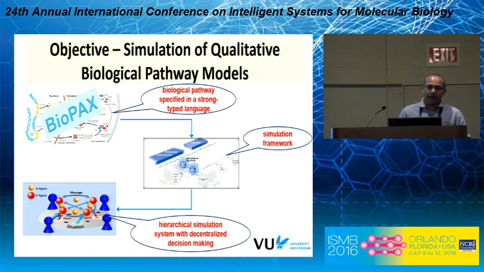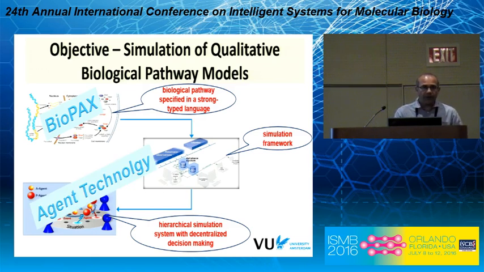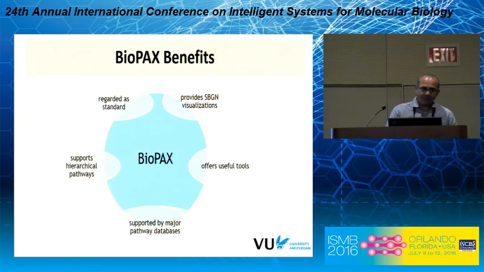We did. We noticed that BioPAX can partly satisfy our requirements regarding model specification and model representation. We also found out that the existing agent technology from the artificial intelligence discipline can help us a lot.